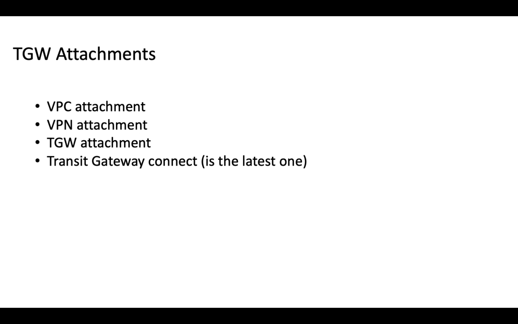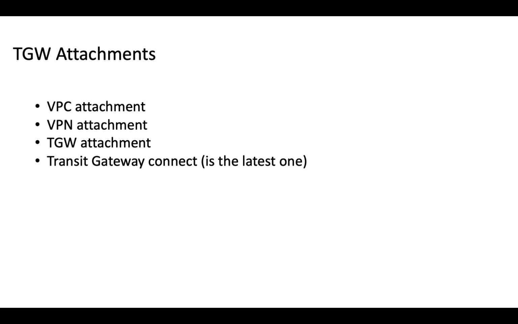You can also set up inter-VPC communication through that, or bring in traffic from other attachments like the VPN attachment. The VPN attachment is typically over IPsec, and it basically comes from the on-prem branch where a router is sitting and you are terminating over an IPsec connection into the TGW.